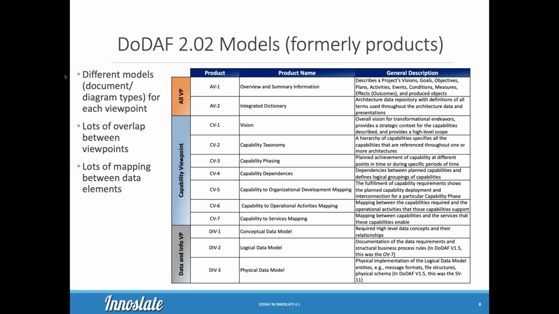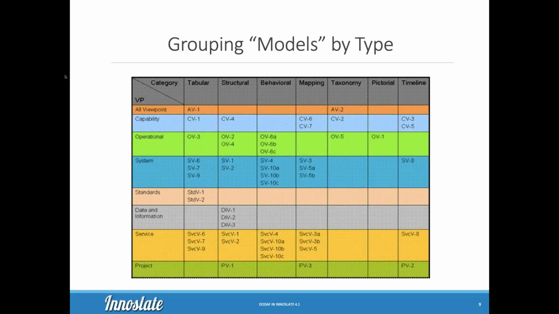Again, it's a fairly large set. And when I say, if you look at it, the grouping of the models by type, so if you look at the top there, those are the types of diagrams or representations, shall we say, of the information. So for example, it's funny that they put the AV1 as tabular.